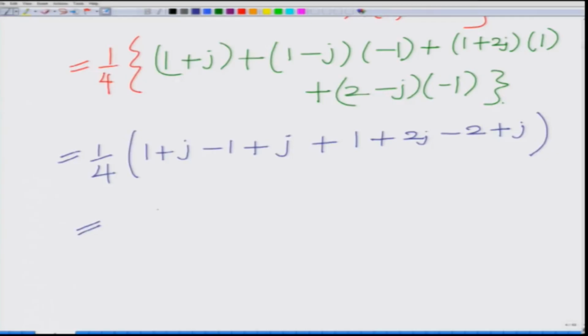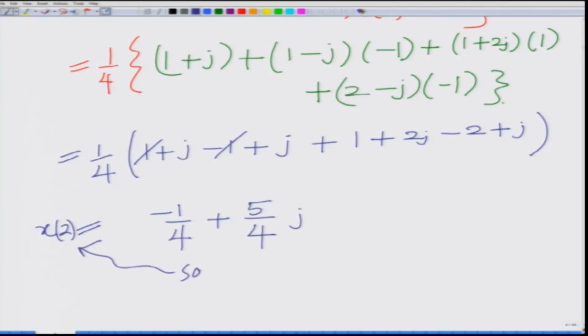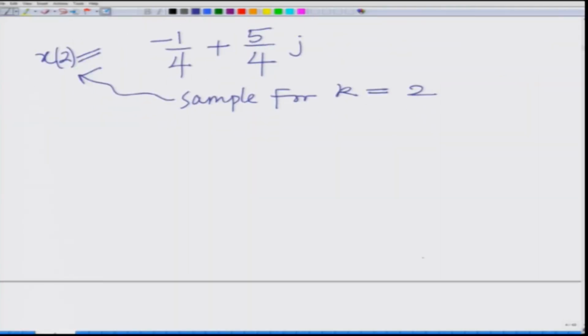If I am correct, we have 1 minus 1, that is 0. So I have 1 minus 2, which is minus 1 over 4, and 2j plus 2j plus j, that is 5j. So minus 1/4 plus 5j/4, and this is in fact your x2, the sample corresponding to k equal to 2.